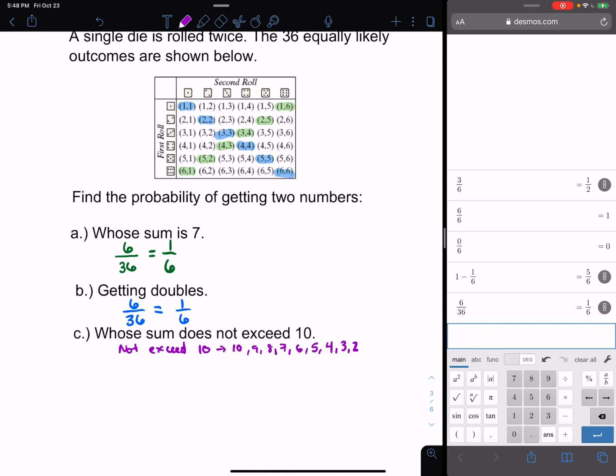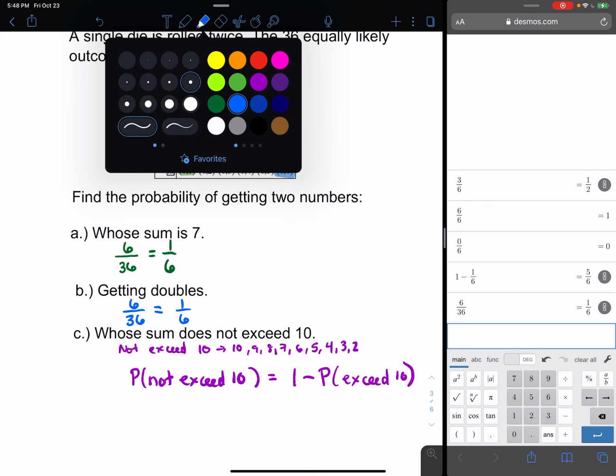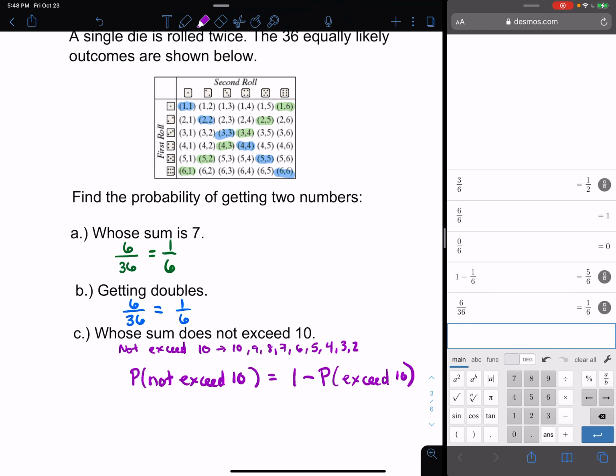So I'm going to use that definition of that word not, the complement. Remember, the probability that it does not exceed 10 is 1 minus the probability that it does exceed 10, because that's going to be a lot fewer things to count. If I'm looking for what does exceed 10, well, 6 plus 6 gives me 12, and 6 plus 5 and 5 plus 6 each give me 11.